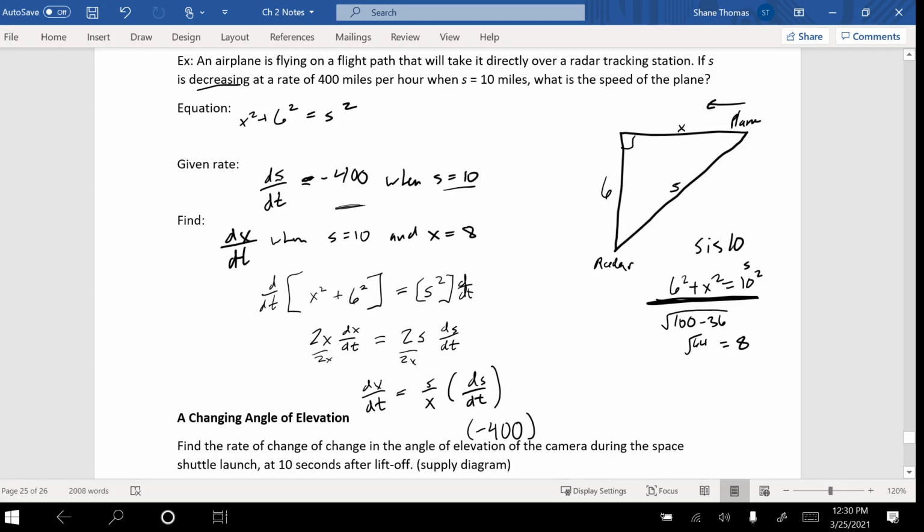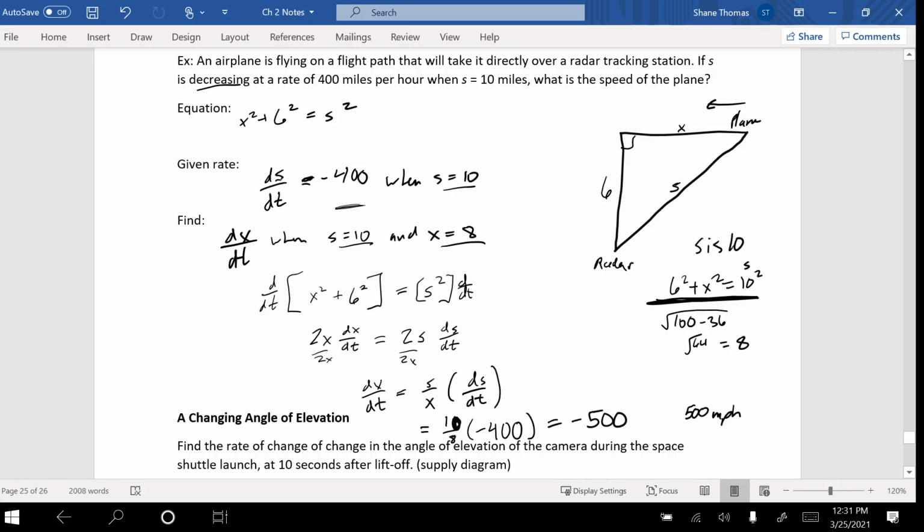So I have 10 over 8, just plugged in for S, plugged in for x. 10 over 8 times negative 400, get negative 500. Okay, so how fast is the plane flying? 500 miles per hour.